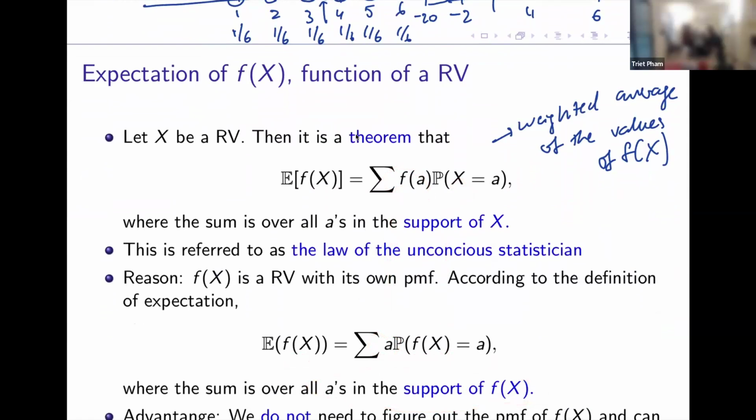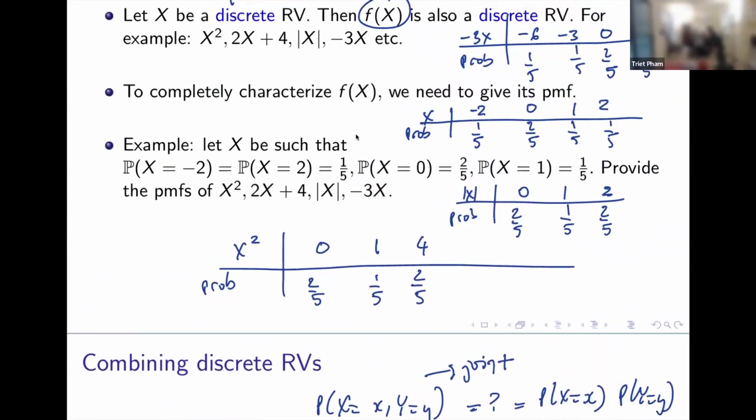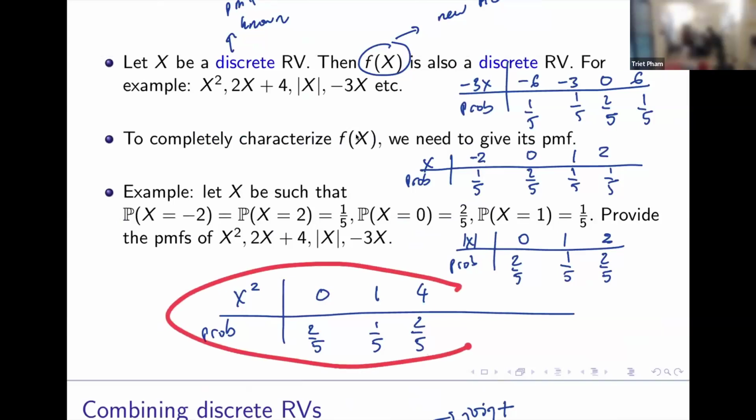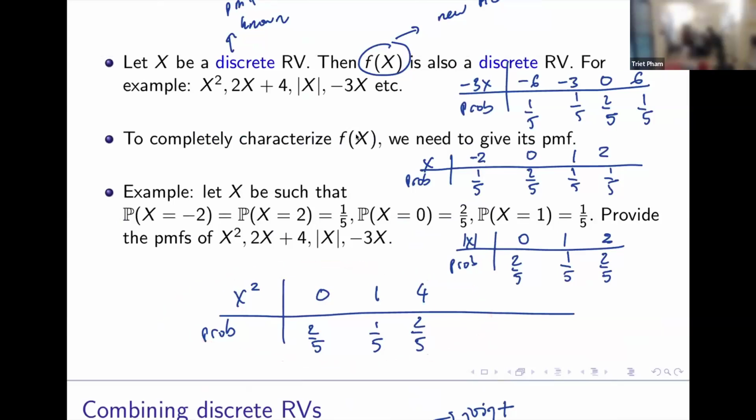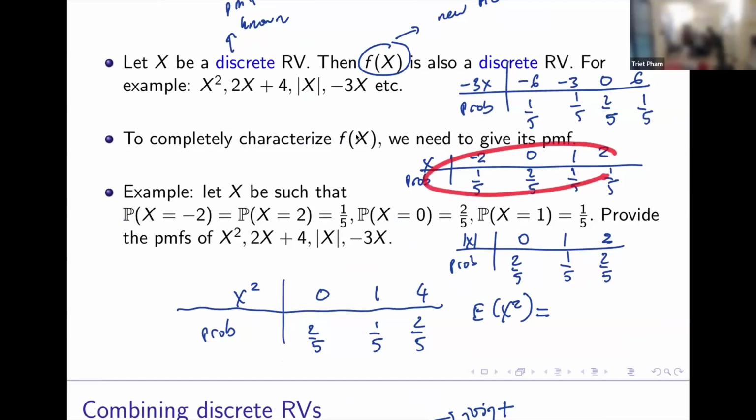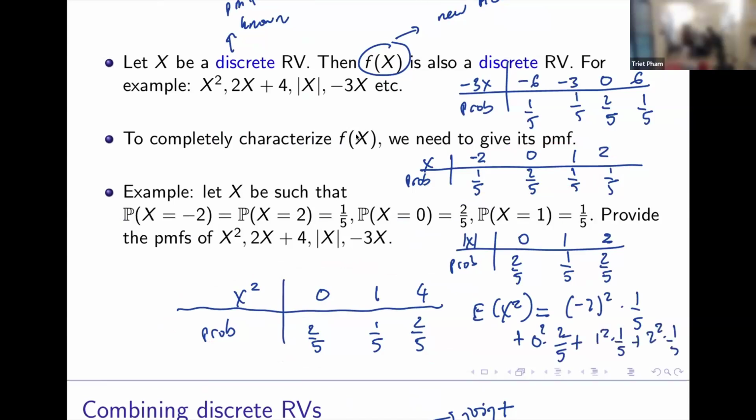So for example, to give you an idea, let's take a look at this. If you use the law of the unconscious statistician, which is fine, not that you cannot use it, then the expectation of x squared will be, from this table, minus 2 squared times 1/5 plus 0 squared times 2/5 plus 1 squared times 1/5 plus 2 squared times 1/5.